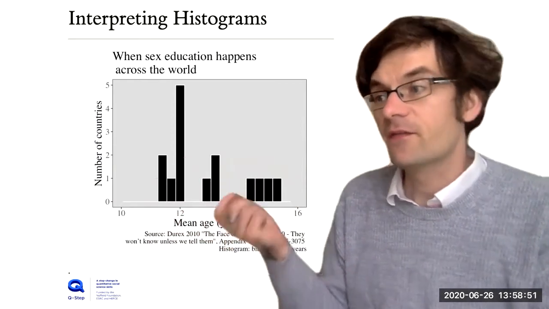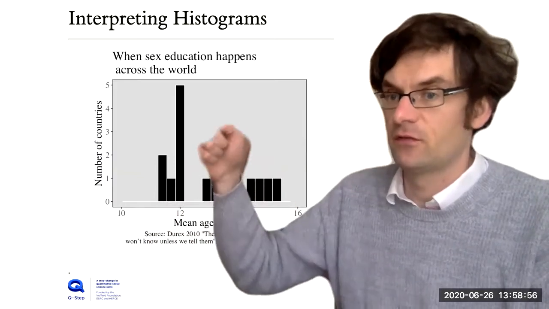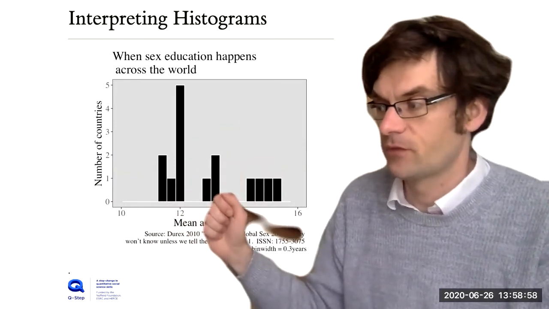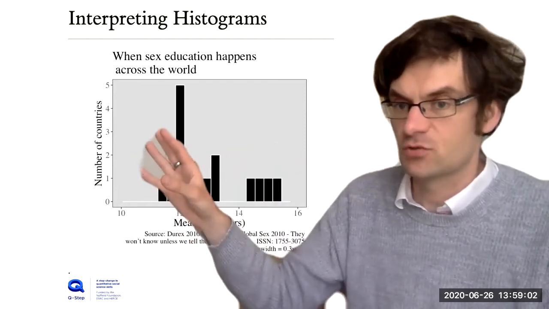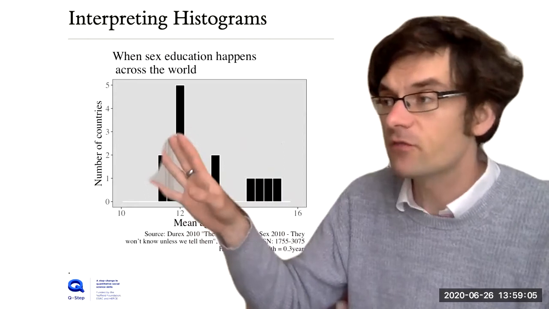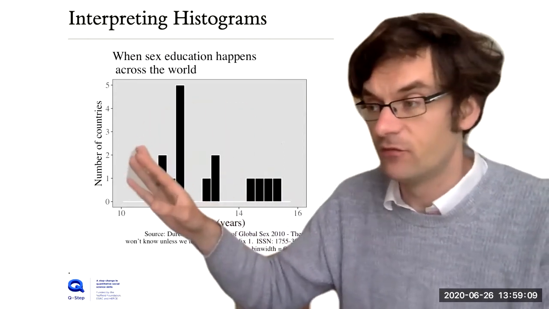And then the final thing, and this is really the most important thing about histograms, you can also look at the whole shape of this distribution. The interesting thing of this distribution is that it's very much bunched towards 12, not just because it's the most common value, but most values are 12 and slightly below or slightly above.